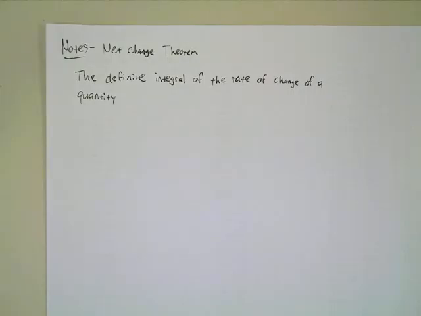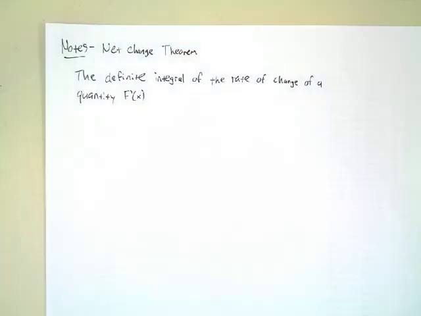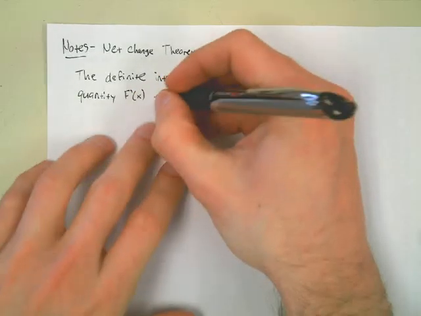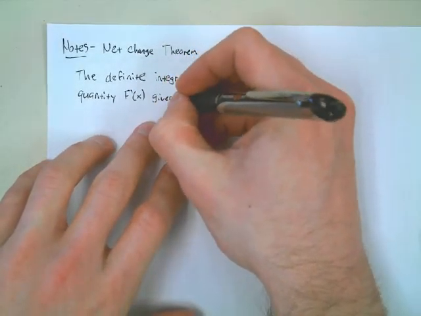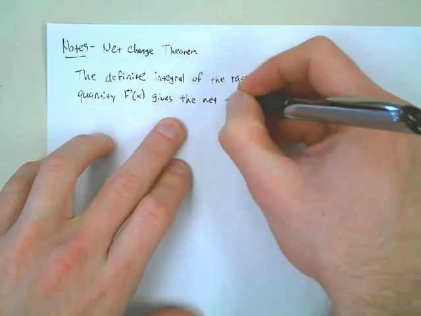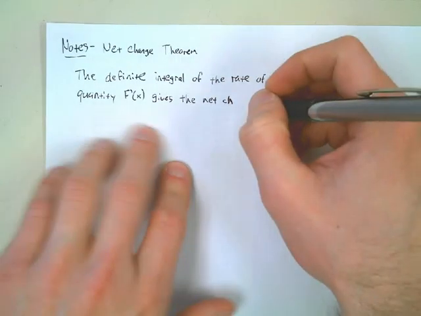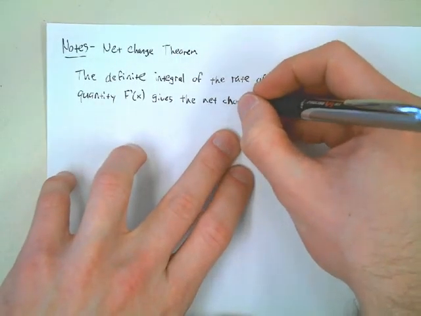Net change is the definite integral of the rate of change of a quantity, and we'll call that quantity a generic f prime of x. It gives the net change.